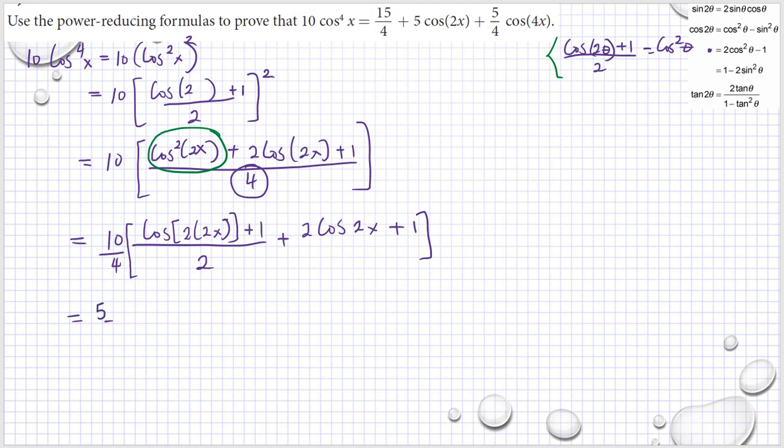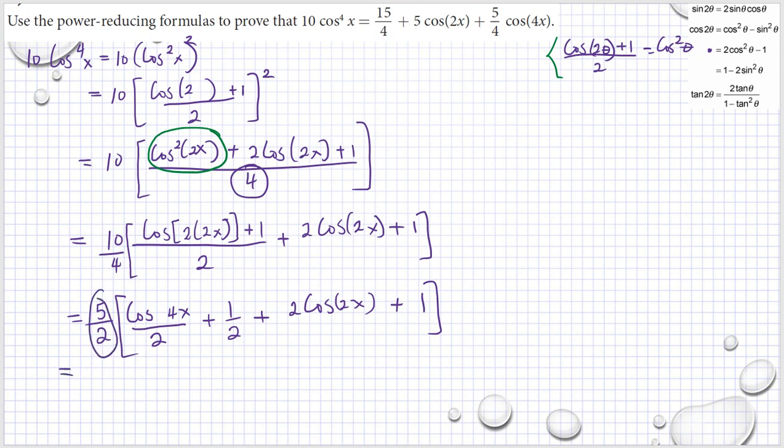Then we have 5 over 2 times cosine 4x divided by 2, plus 1/2, plus 2 cosine 2x plus 1.